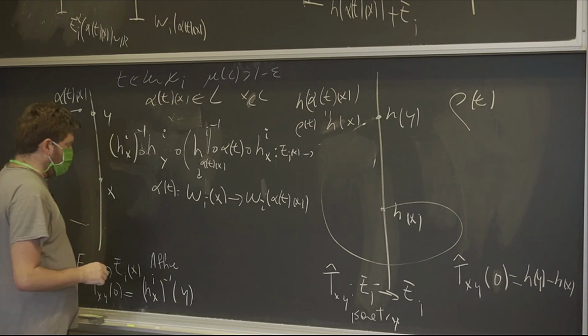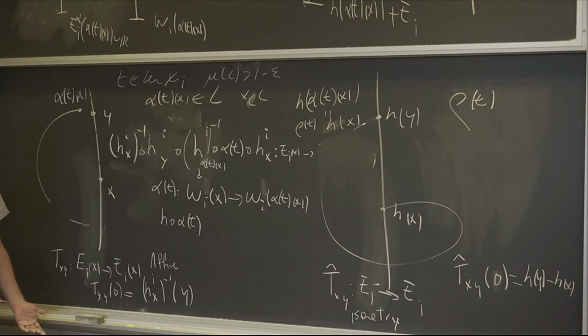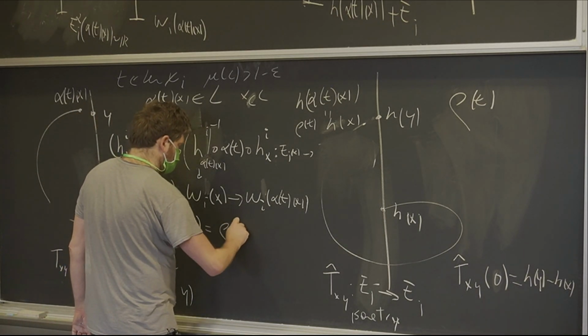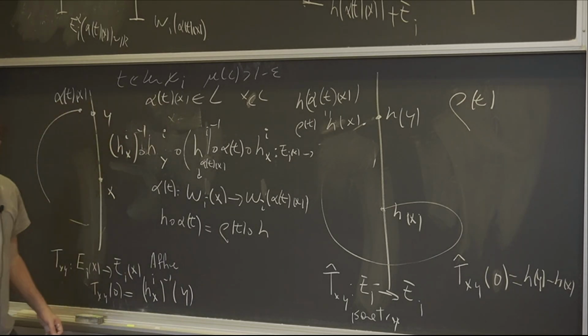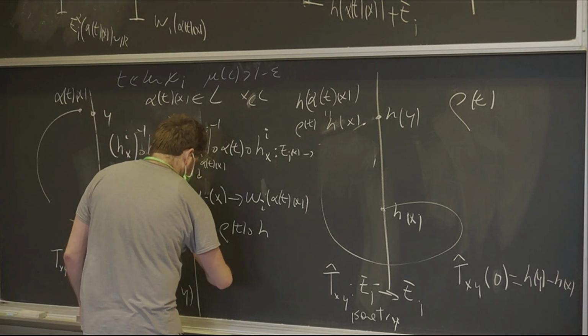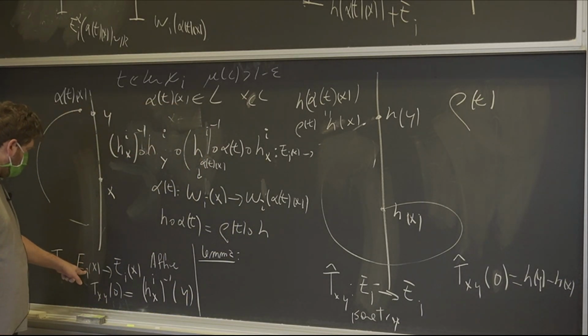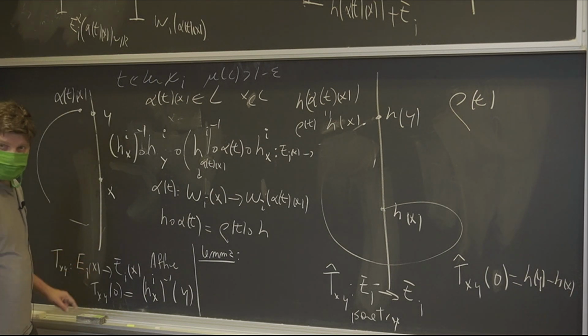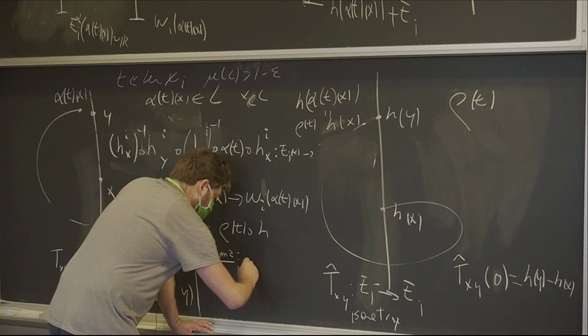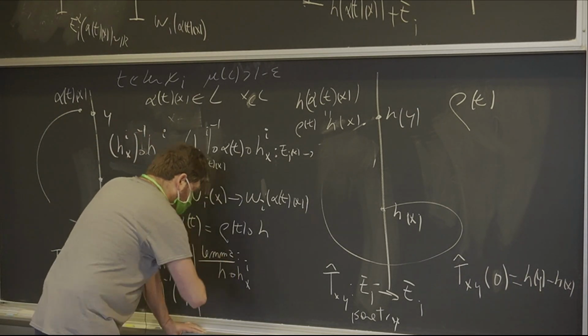And now the point is that when I have this h compose alpha t, this being rho t compose h, this will imply that when I come here, I take a point here in E^i of x, I map it into the W_ix, and I map it through h.